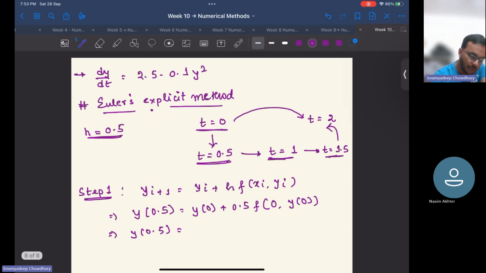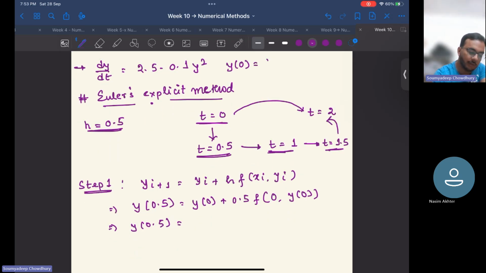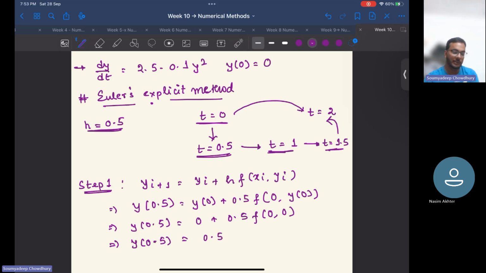What is y of 0? y of 0 is given to you as the initial value, 0. So y of 0.5 equals 0 plus 0.5 into f of 0, 0. Now, what is f? Just remember this one.